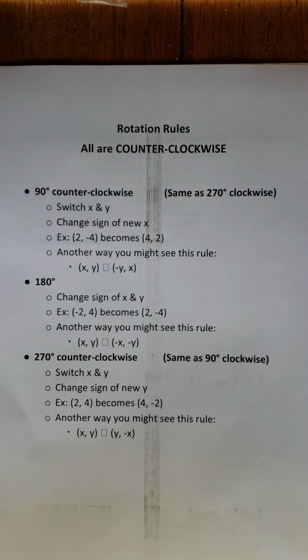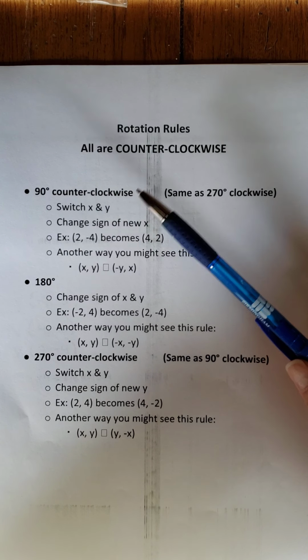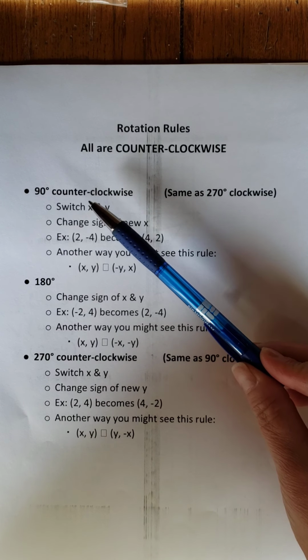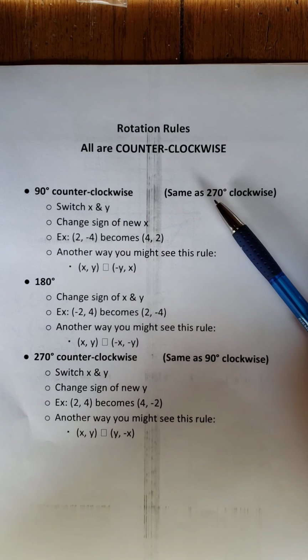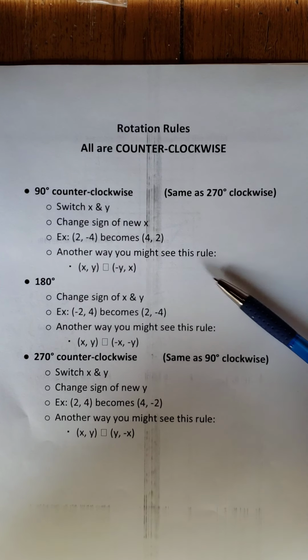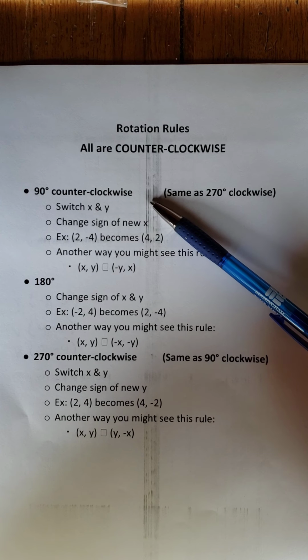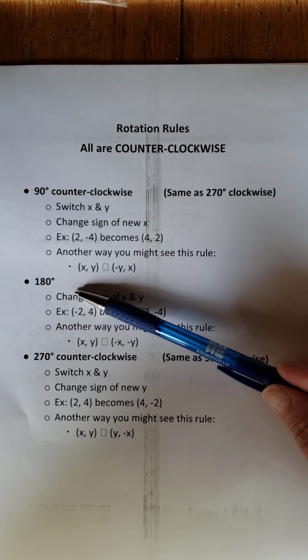So let's start out with 90 degrees counterclockwise. Now 90 degrees counterclockwise is the same as rotating something 270 degrees clockwise. All right, so think of a graph here. If we're going 90 degrees counterclockwise from here, we're going to go here.